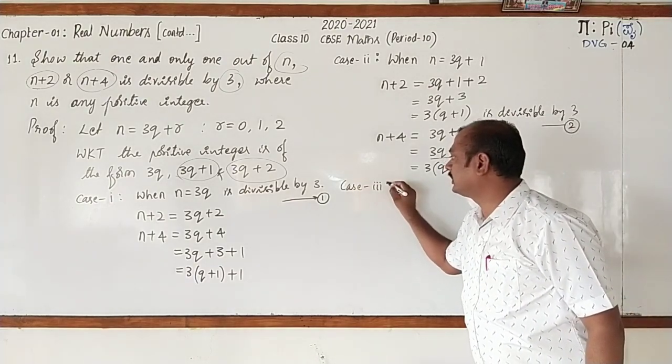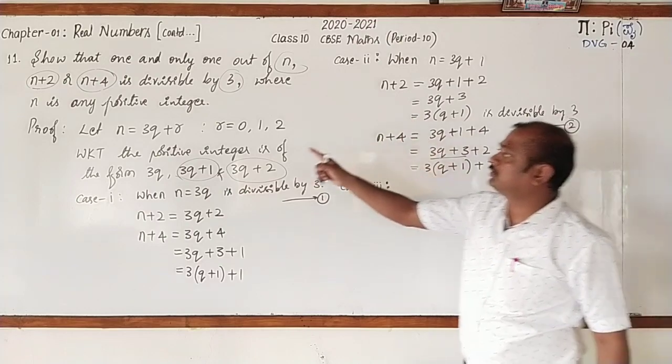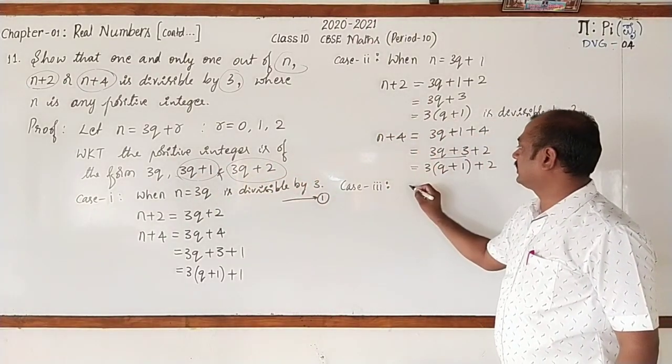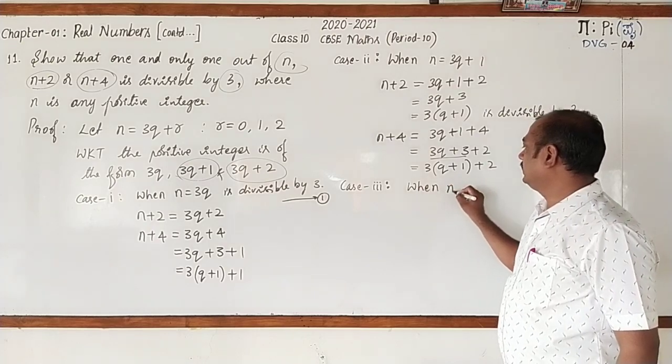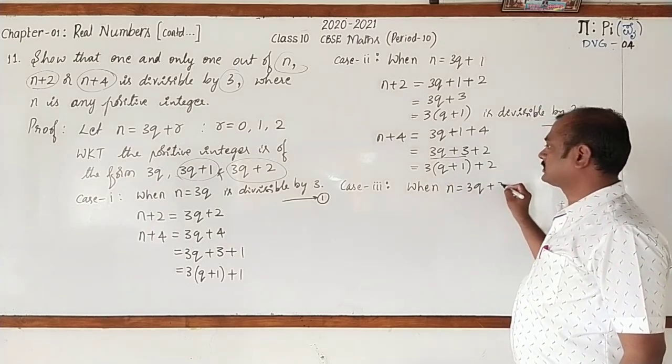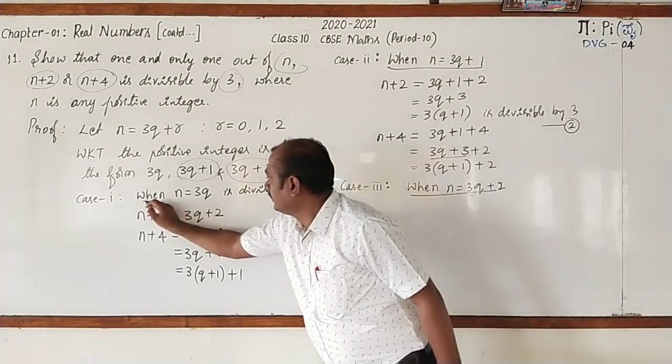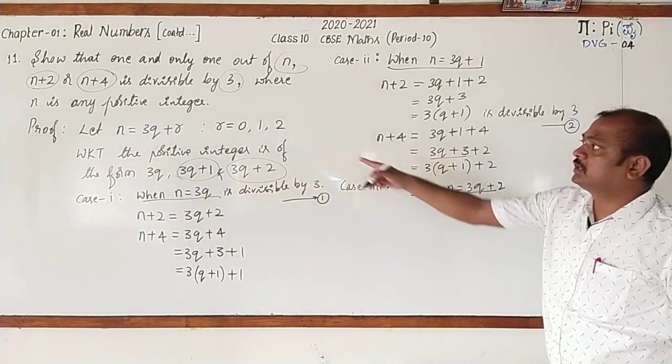Could you tell what is the third case? Now, we have to take n equal to 3q plus 2. Here I write. When n equal to 3q plus 2. Observe. What is the second number?